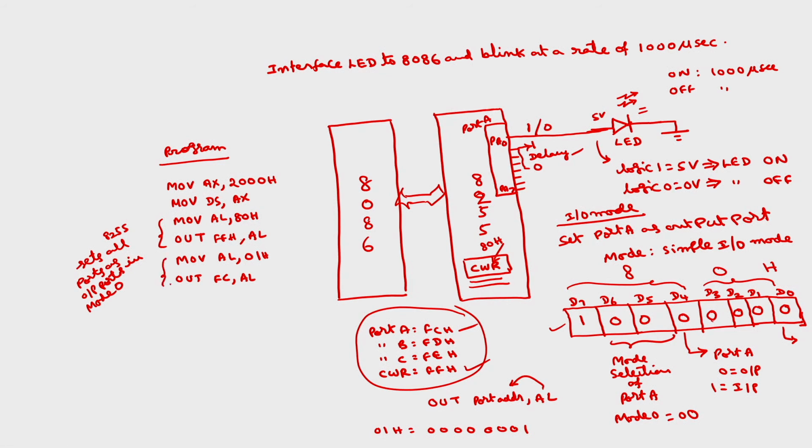So after these 2 instructions, what happens? This port A, this is PA0, this is PA1, and so on up to PA7. So this PA0 becomes 1. PA0 is connected to the LED, so the LED will glow.